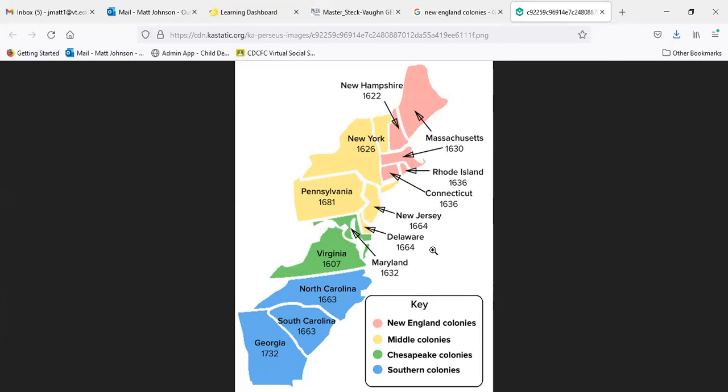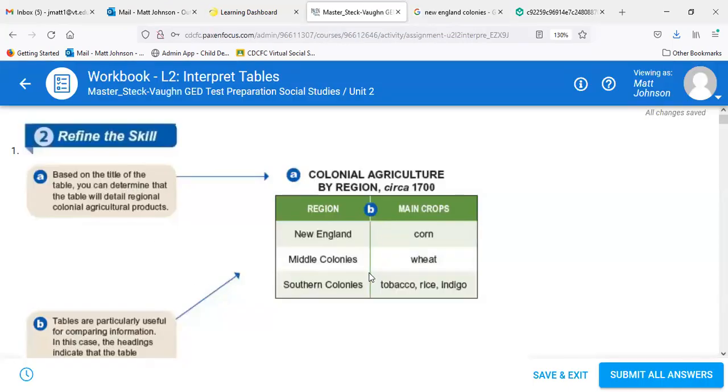So your dividing line would be right around here. And of course, the southern colonies always are going to be North Carolina, South Carolina, and Georgia. So it might be a little bit subjective, where do you put Virginia? Oftentimes you're going to hear it referred to in the South. So keep that in mind as we look at our table here for this information.